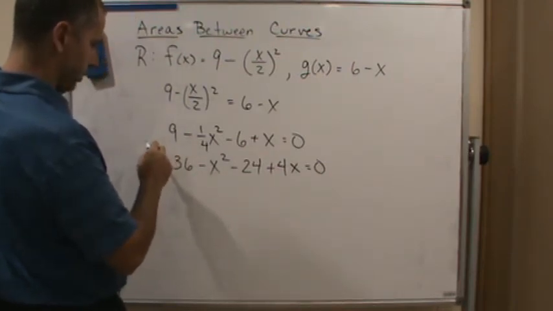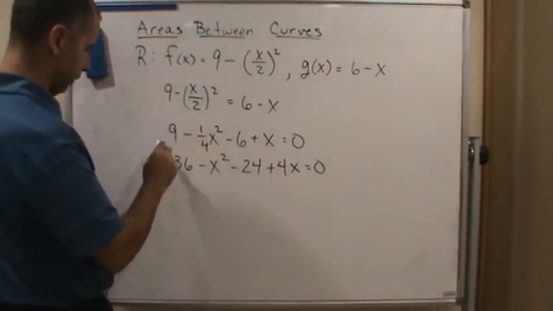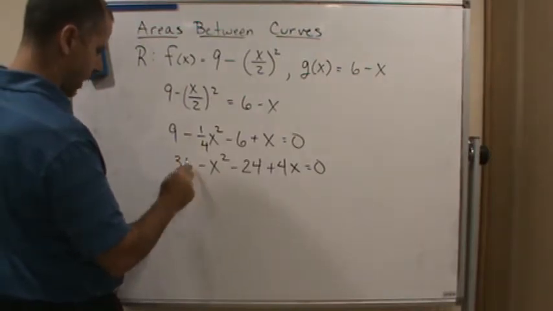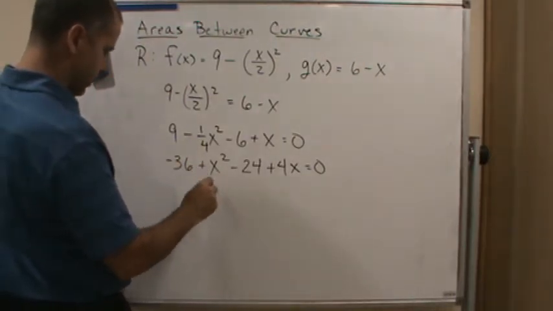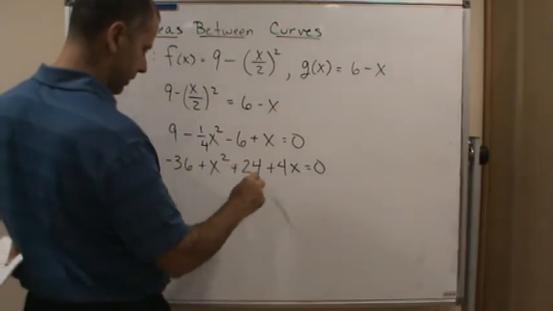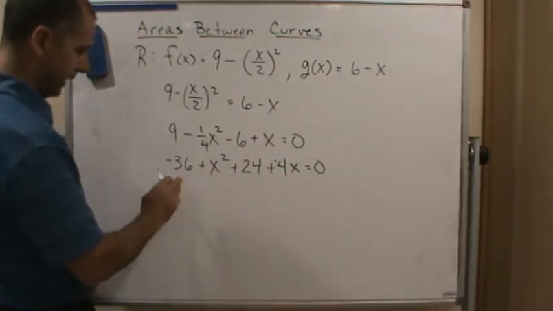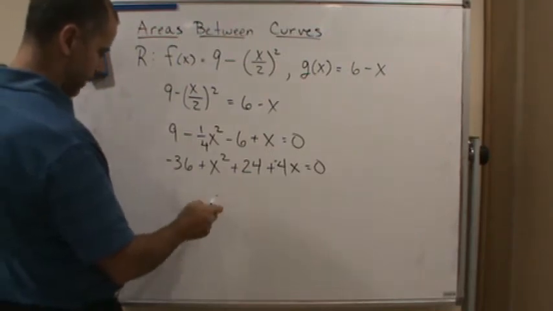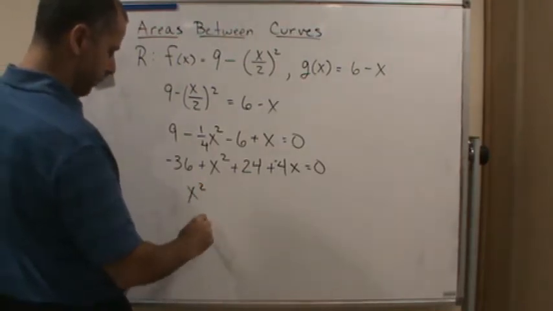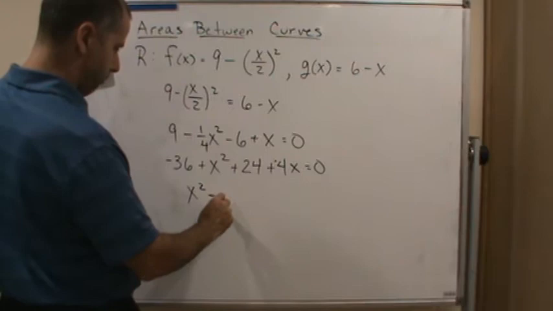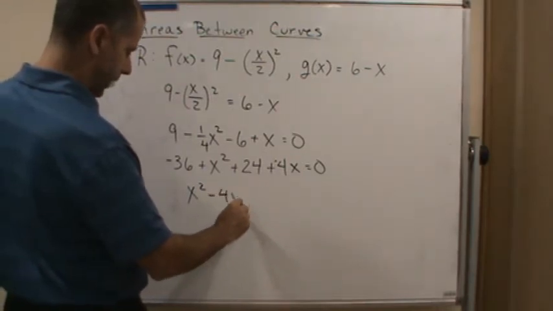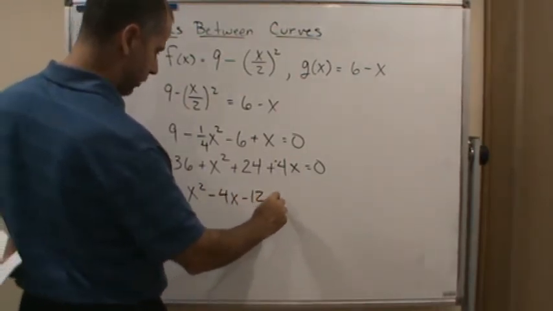I want to multiply everything by negative 4, because I want that x squared to be positive. It's just me. So now I'm going to get a negative 12, so I'm going to get x squared minus 4x minus 12 equals 0.